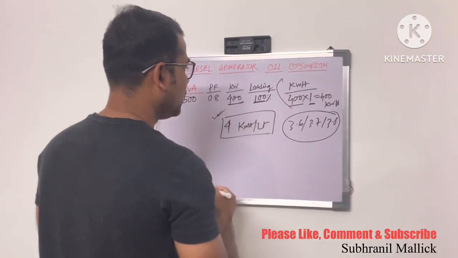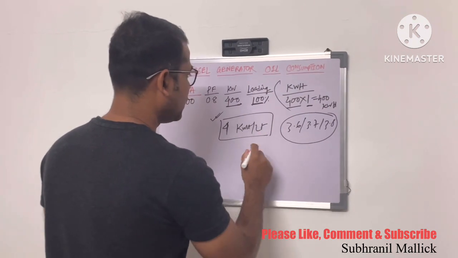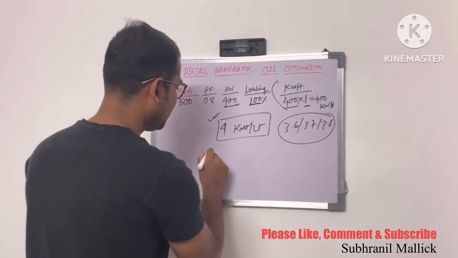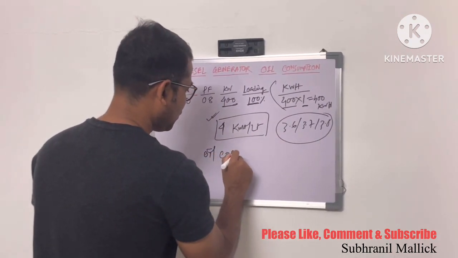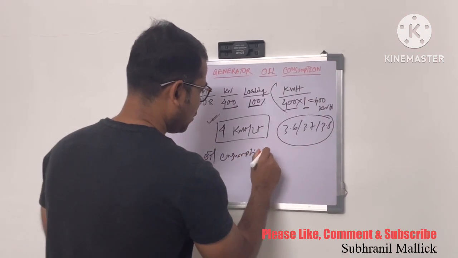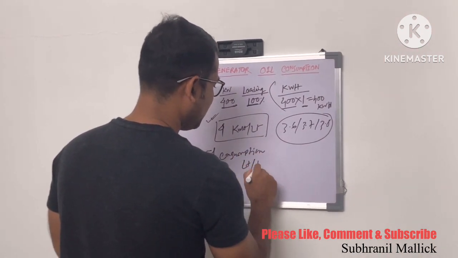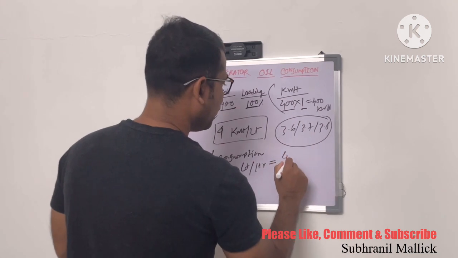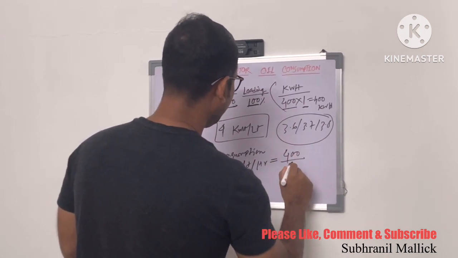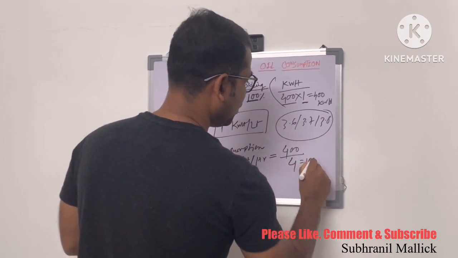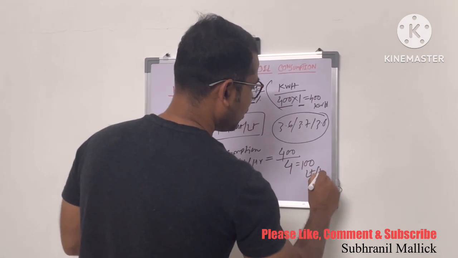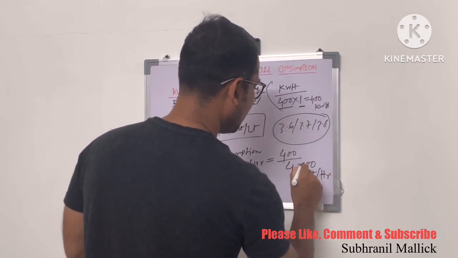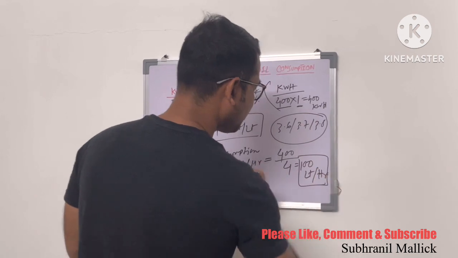So the oil consumption in liter per hour will be 400 by 4, equal to 100 liter per hour. So this is the answer.